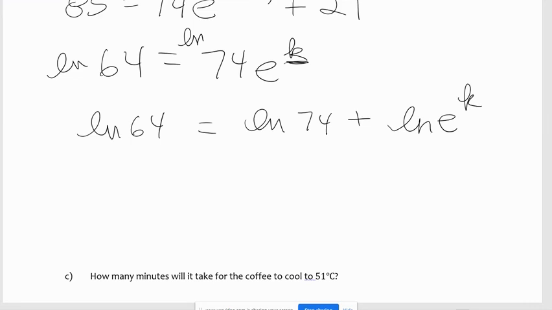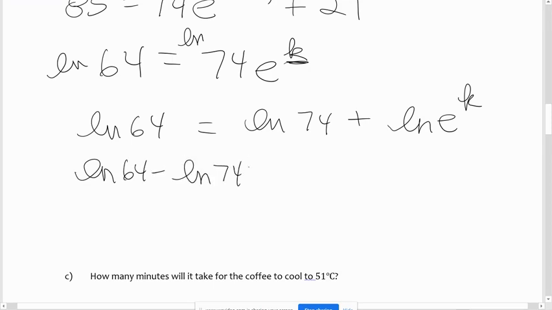So we're going to subtract natural log of 74. So the natural log of 64 minus the natural log of 74 equals the natural log of e to the k. We know that's 1, and we can take that and stick it out front, so that's just k times 1, which is k.